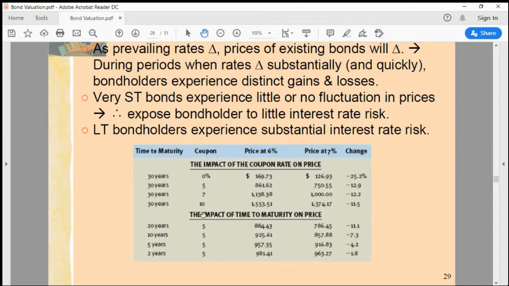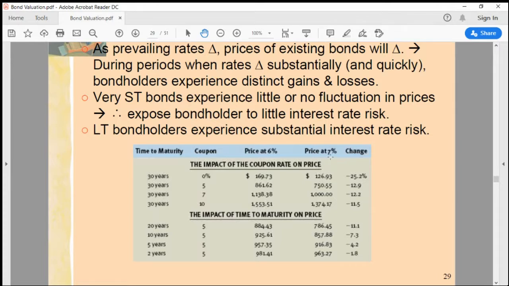Now, as the coupon rate increases, if the coupon rate is 10% and the prevailing market rate is 6%, we can already tell this is going to be a premium bond, isn't that right? Yes, it's 1,500.